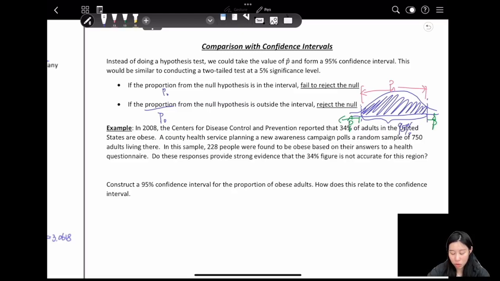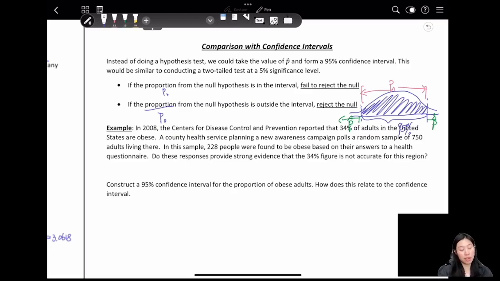In the sample, 228 people were found to be obese based on their answers to a health questionnaire. So this response provided strong evidence that the 34% figure is not accurate for the region. So they tell you to construct a 95% interval for the proportion of obese adults. How does this relate to the confidence interval?